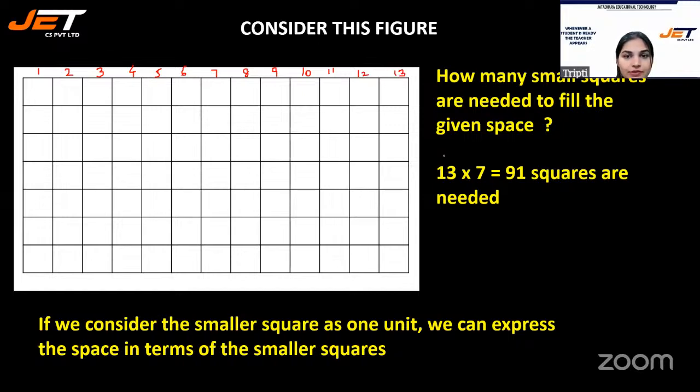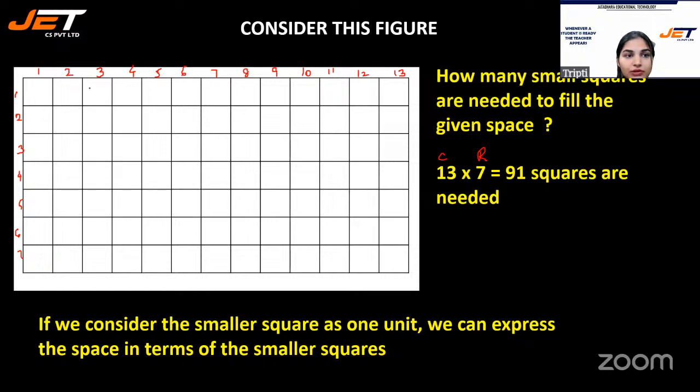And 1, 2, 3, 4, 5, 6, 7, 7 rows. So 13 times 7 is 91 squares.